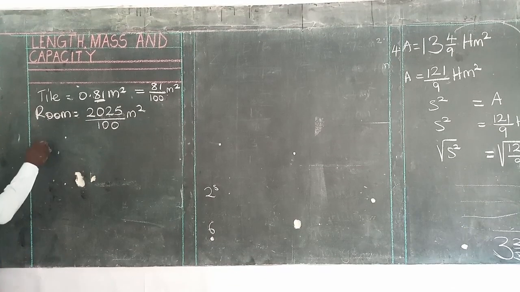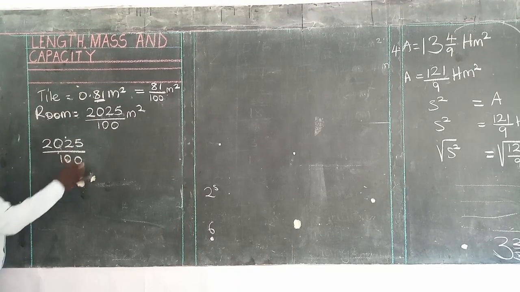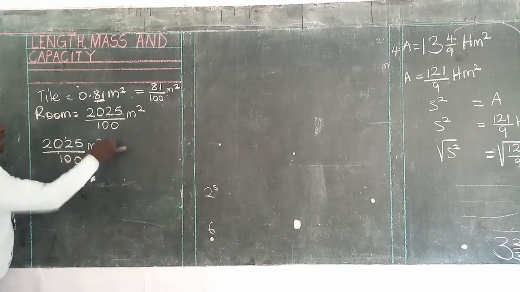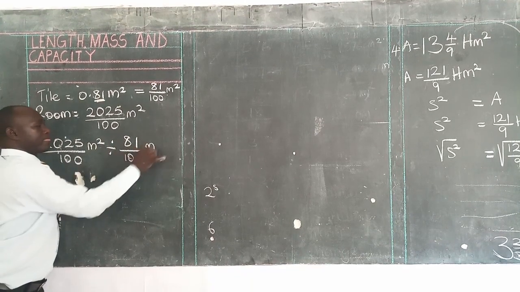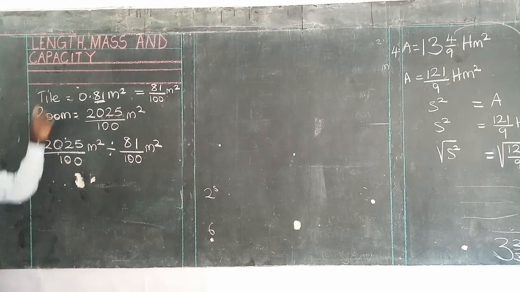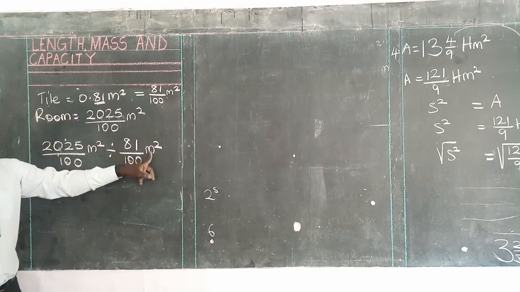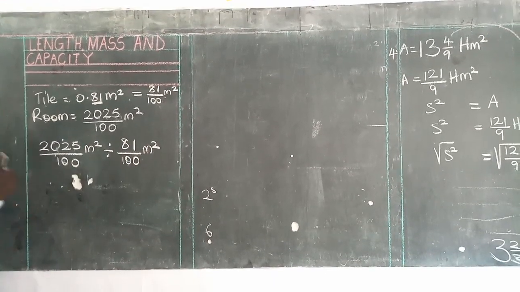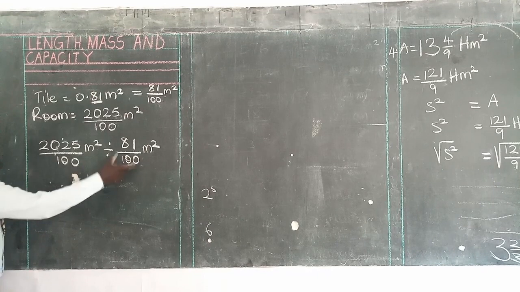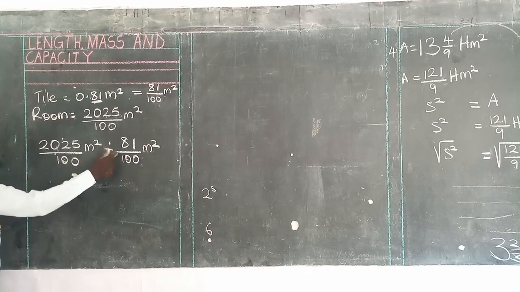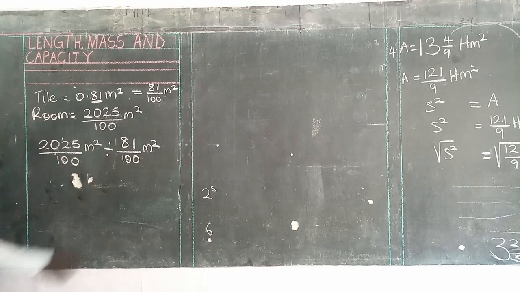We need to divide the area of the room, 2025 out of 100 square meters, by the area of 1 tile, that is 81 out of 100 square meters. In your P5, sorry, P6, you learned how to get the multiplicative inverse. So we're going to get the reciprocal of 81 out of 100 because of this division.